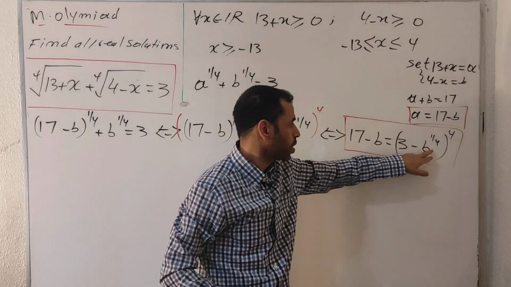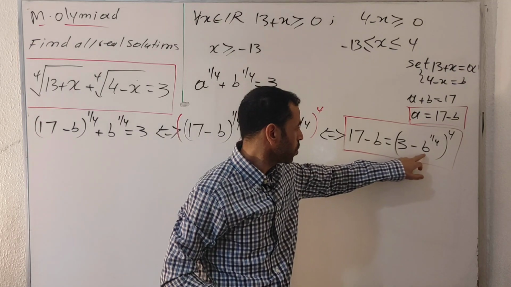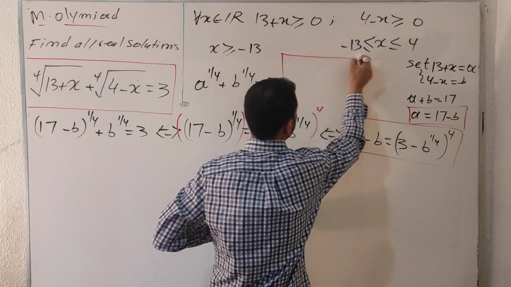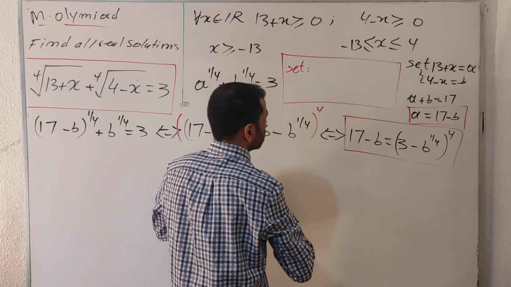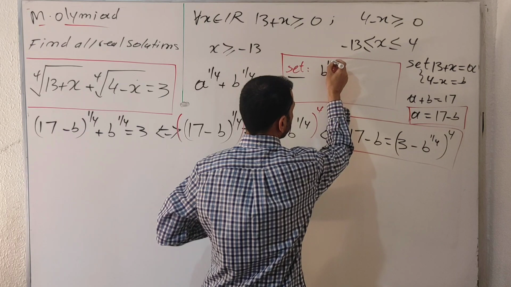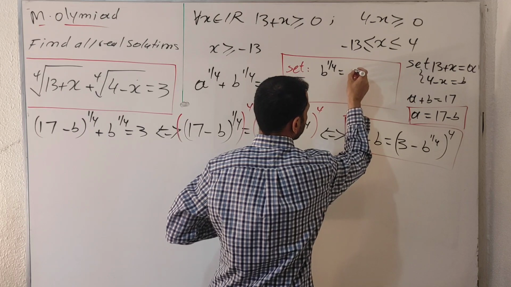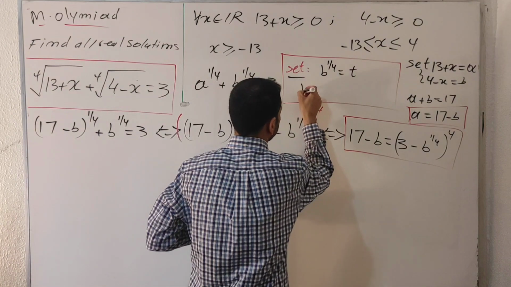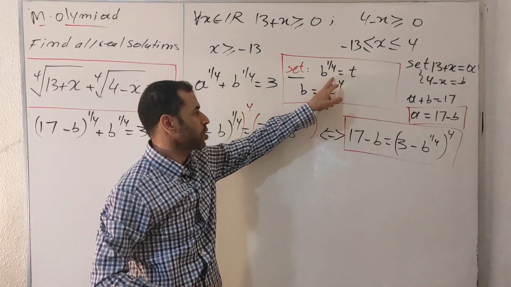If I leave this term like this, it becomes a problem. So what to do? I'm going to make another substitution. Let's set b to the 1 over 4 equals t, which means b equals t to the 4, by raising both sides to the power of 4.